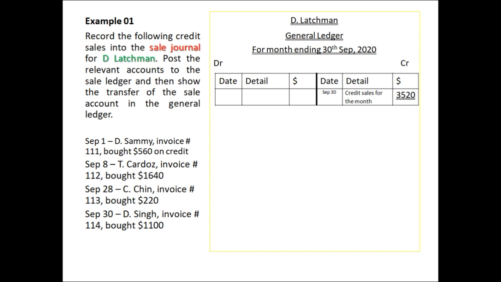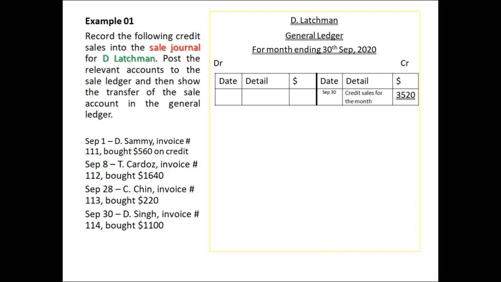The other accounts that we did before were recorded on the debit side because they were receiving something. Now, how it affects our business is that we are giving out goods worth the total amount of money, which is $3,520. And in the details column, we write credit sales for the month. So it will show the amount of credit sales we gave out for the month.